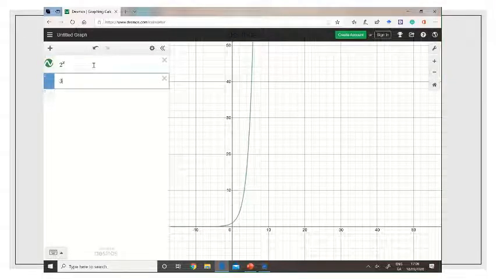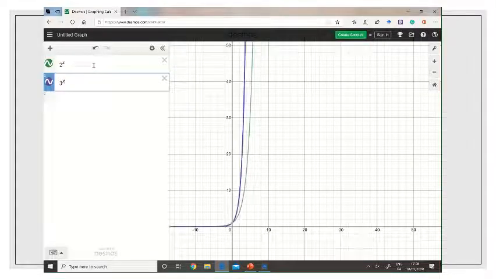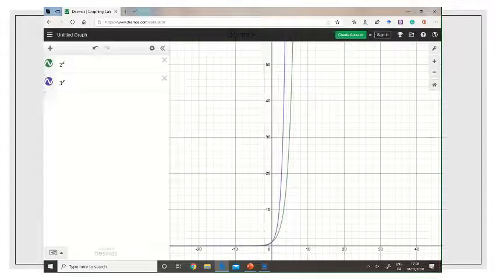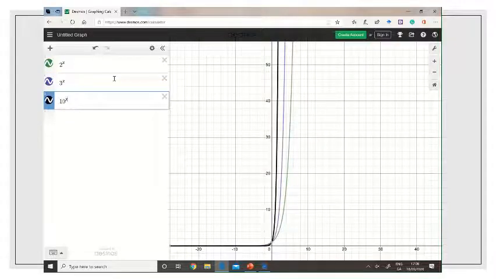If we have a look at 3 to the power of x, it's similar. It rises really, really quickly. This one rises more quickly. Okay, so likewise you can predict that if you had something like 10 to the power of x, that's going to rise an awful lot quicker again.